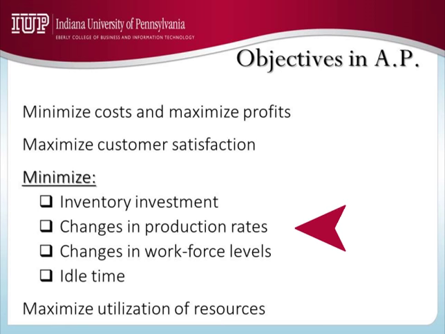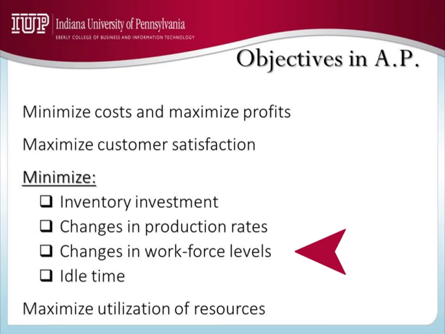So what do you want to do? You want to produce exactly equal to the demand. If the demand is 300, you produce 300. If the demand is 350, you produce 350. Well, that is good for these two objectives. But look at this. You want to minimize changes in production rates. You don't want to have different production rates. You don't want to have changes in workforce levels.